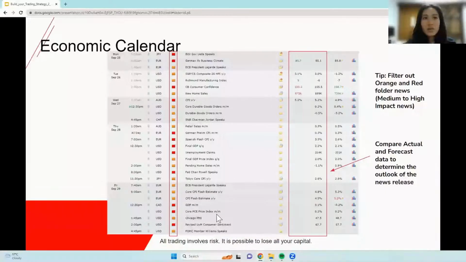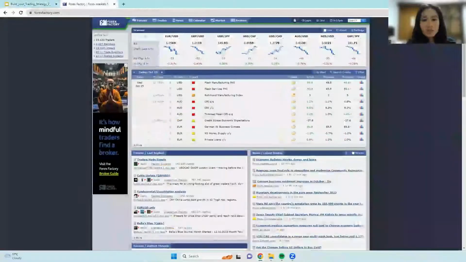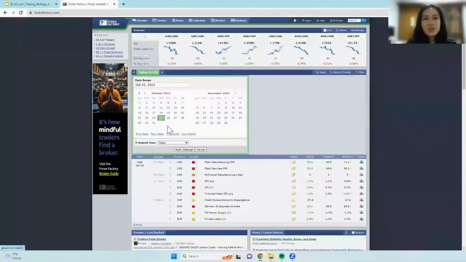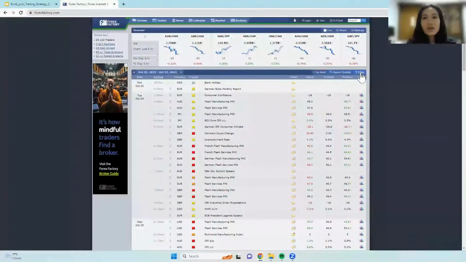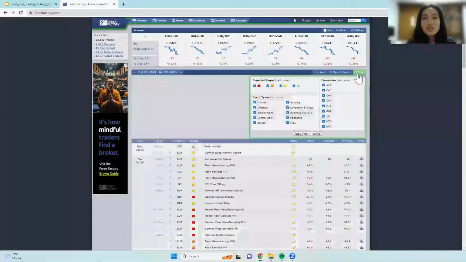So if you take a look at my screen now, when you go into forexfactory.com, it kind of looks like this. It'll give you all of the different impact events, as well as today's events. But let's say I'm looking at this week's events, 23rd to 27th. You can see I have all of the events, and I like to click this filter.